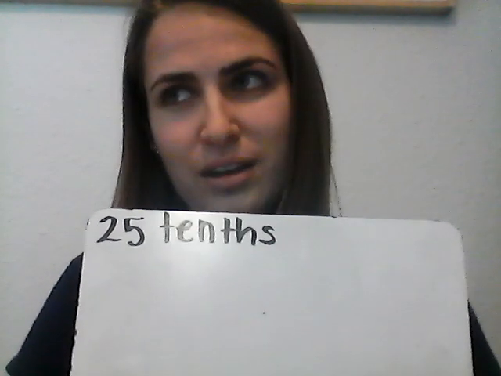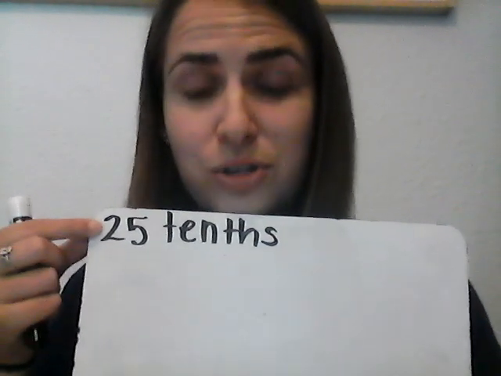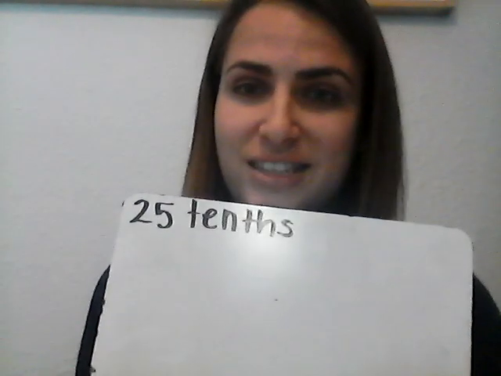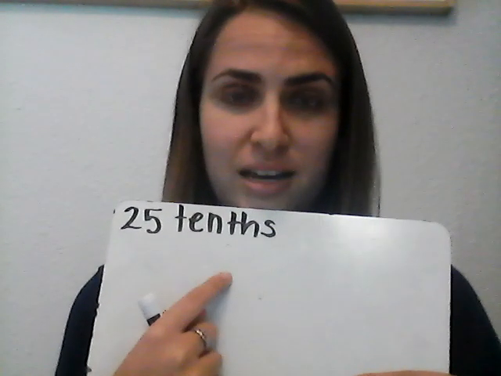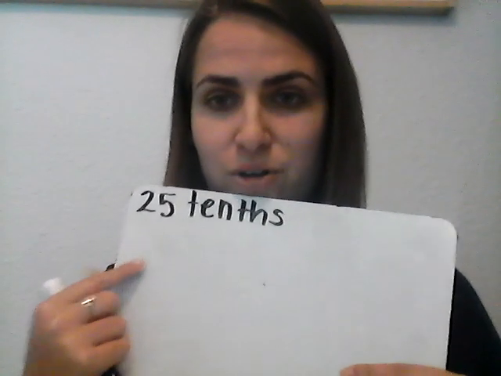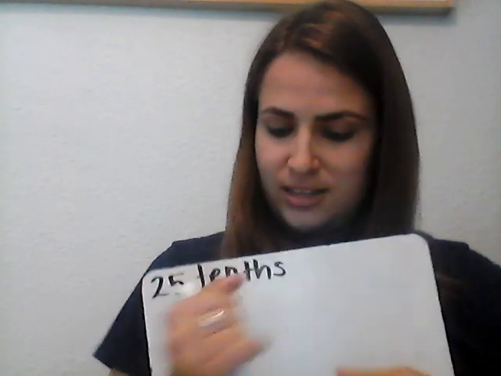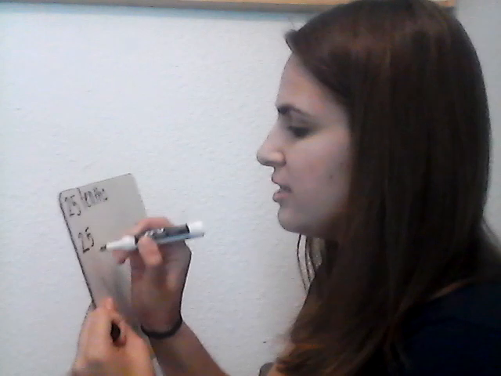This might be one of the easiest forms to go to from here. 25 tenths. So we know that tenths can be used as a unit in fractions, can be used as the denominator, and this 25 can be our numerator. So another way that we can represent 25 tenths is using a fraction. 25 tenths.